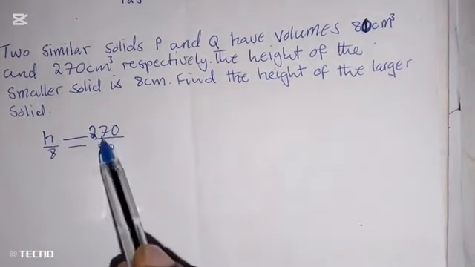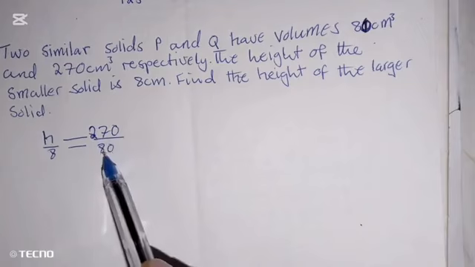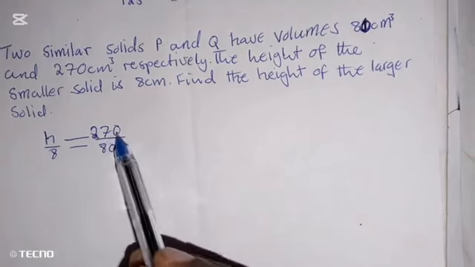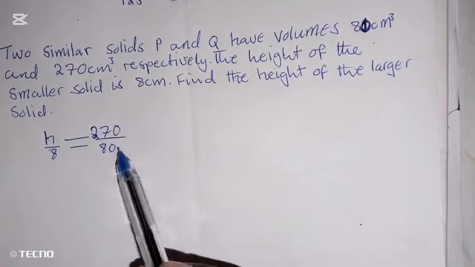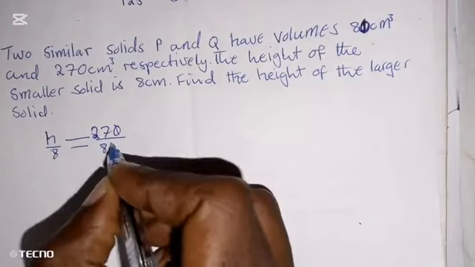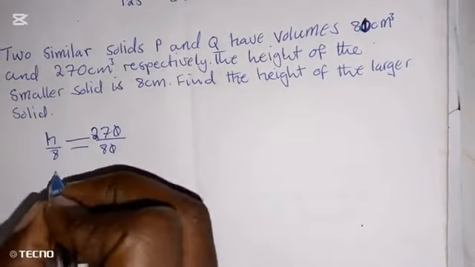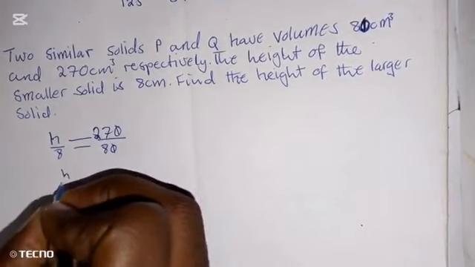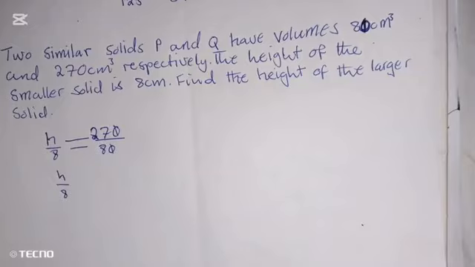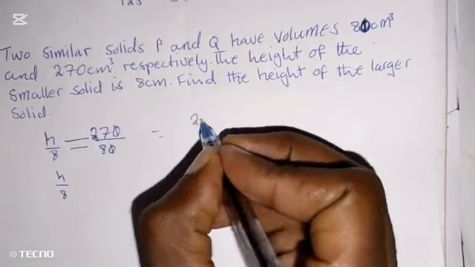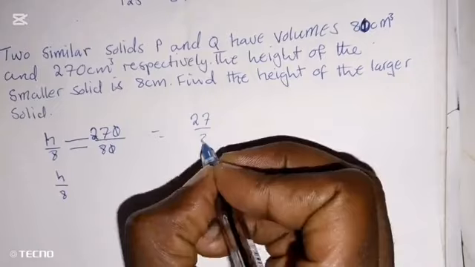Having 270 and 80 there, we will try to reduce this part. As you can see, there is 0 there, there is 0. So this 0 and this 0 will reduce. Once this reduces, we are going to have H over 8 this side. Now let's take this and find the cube root. So we have 27 over 8.